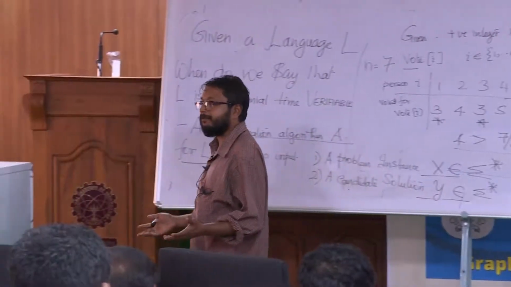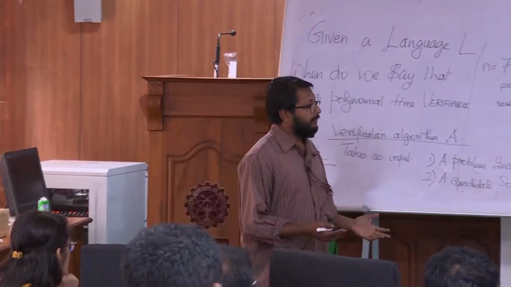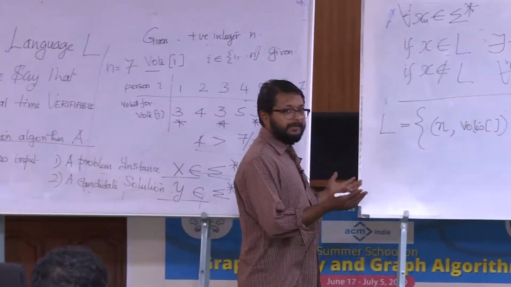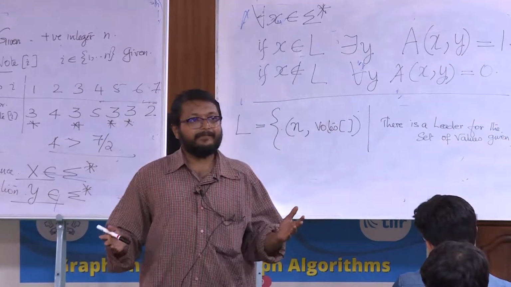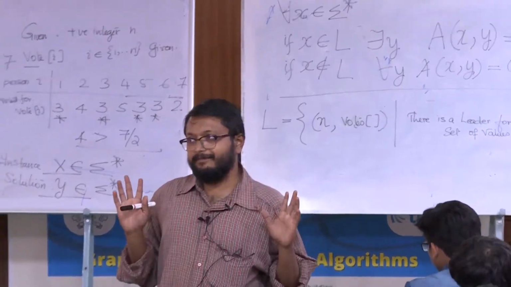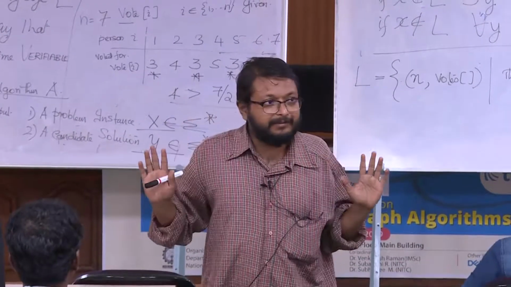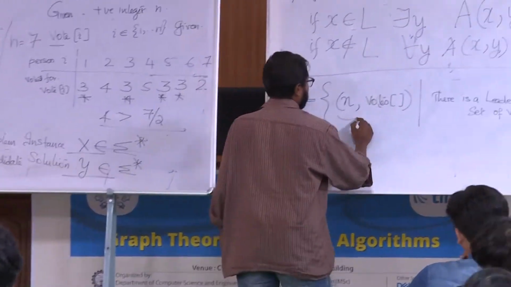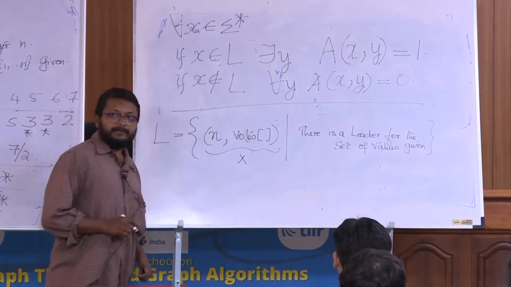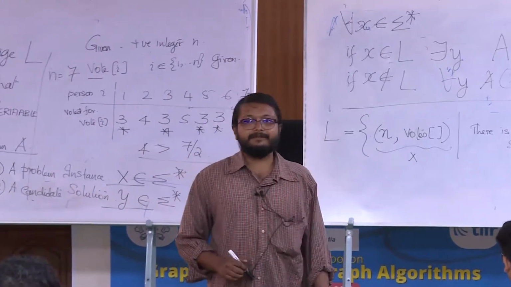See, what is your input to the problem? You are given an n and an array of votes. You want to check whether there is a leader in the system, correct? Is the problem clear? So this is your x, a typical value of x. Now what is the algorithm supposed to return?